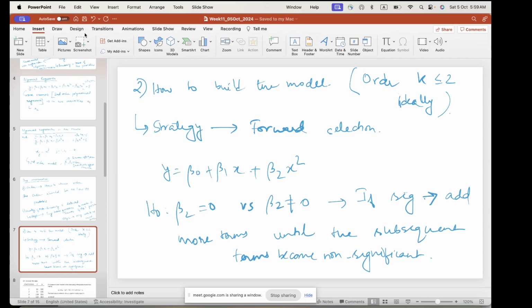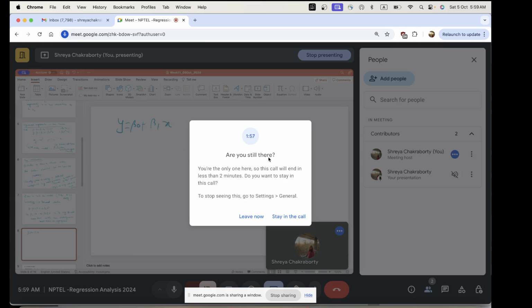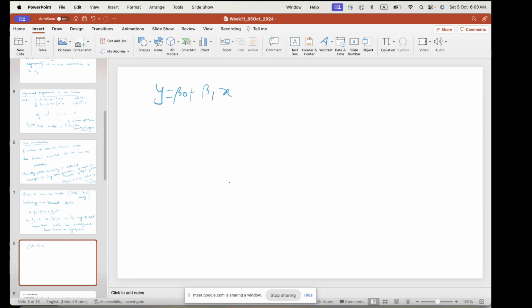Alright, so let's say here we have y equal to beta naught plus beta 1 x plus beta 2 x square. So beta 1 is significant, beta 2 is significant, and beta 3 becomes non-significant.